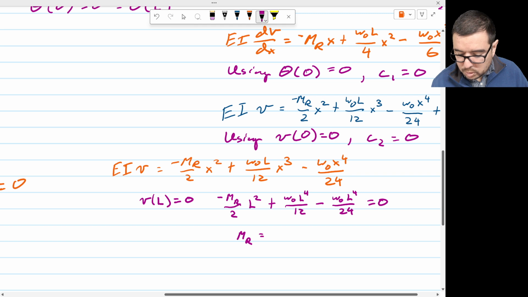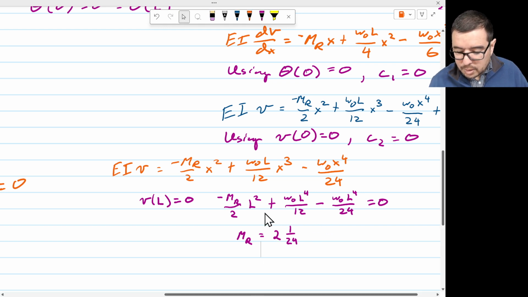is going to be equal to, okay, so this is 1/12 minus 1/24. That's going to give us 1/24, and it was over 2, so it's times 2, and we got rid of an L squared, so it's going to be 2 times 1 over 24, and this was negative, so it's actually going to be positive because it's negative, negative, right?